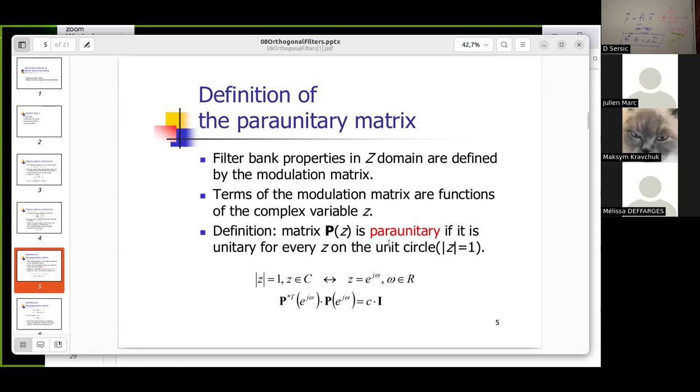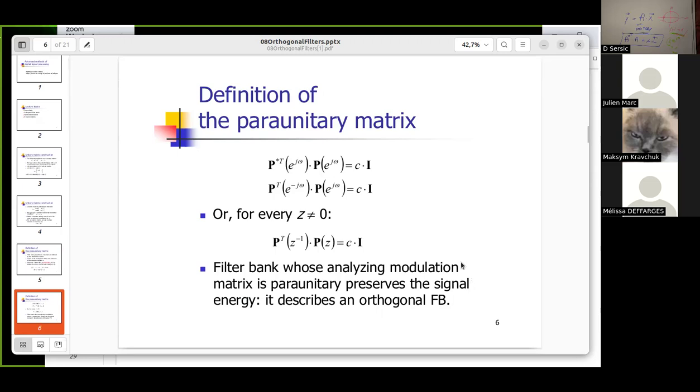So such a complex number has 1 in front, and then the phase can be arbitrary. So this is actually the equation of the unit circle for all omegas. And this is how it looks. This is a definition of para-unitarity for some matrix whose elements are functions of the complex variable z.